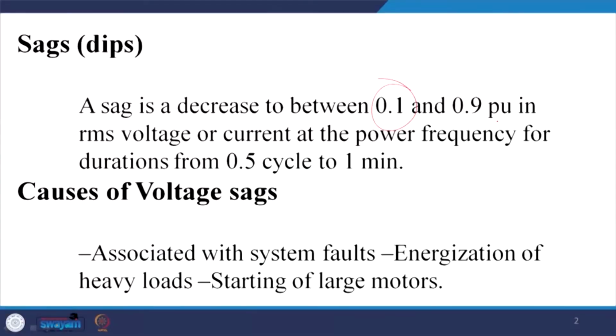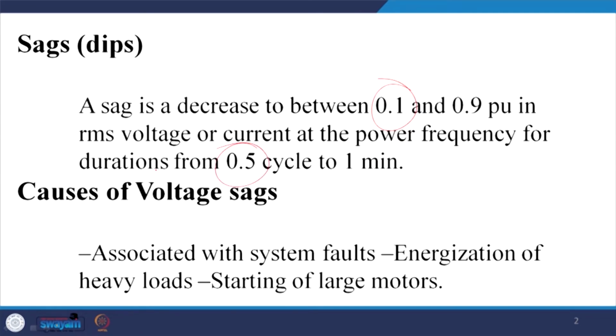As we have mentioned, a sag is a decrease of the voltage between 0.1 to 0.9 per unit in RMS value at the power frequency for a period of at least 0.5 cycle.